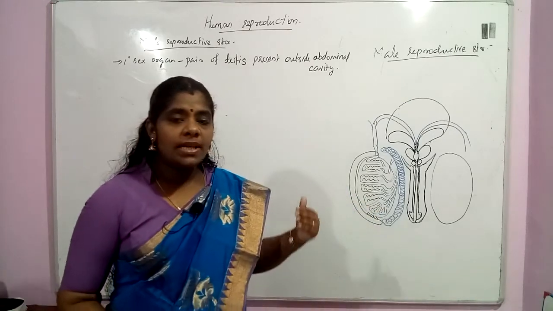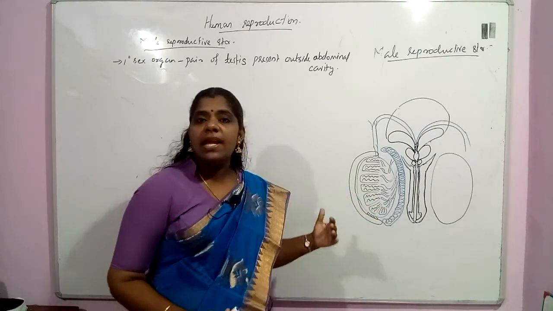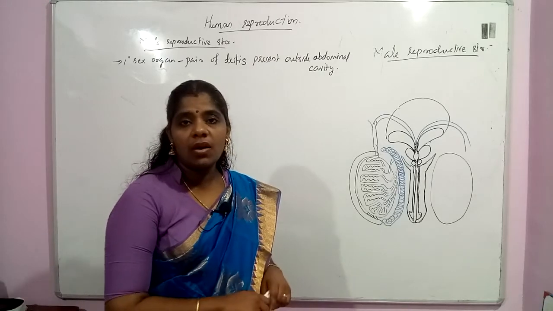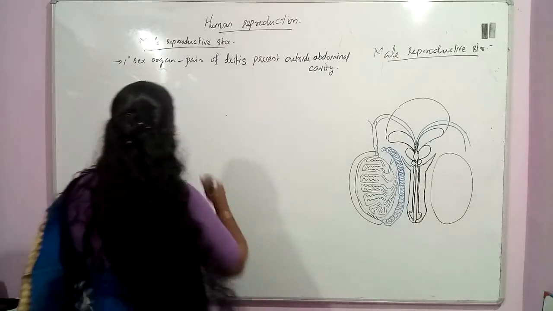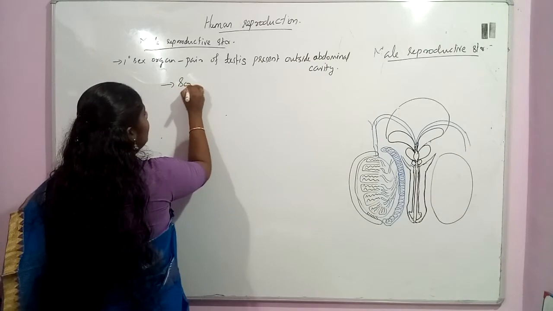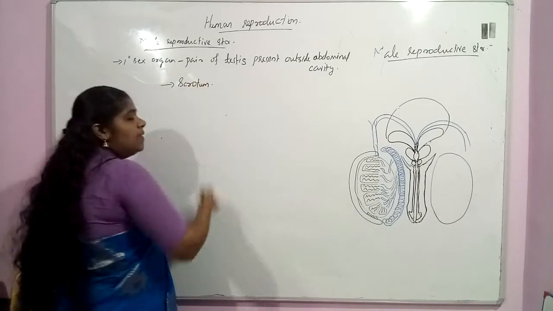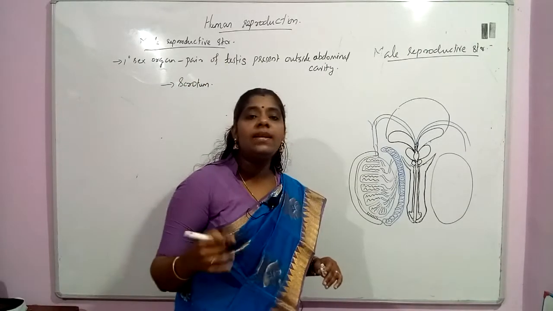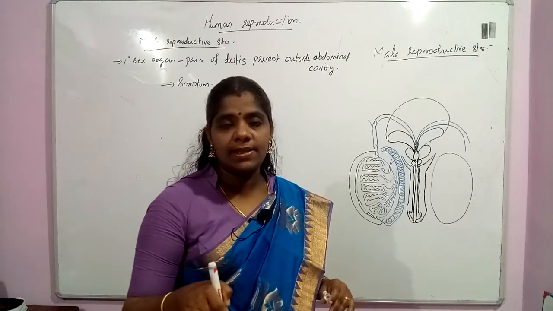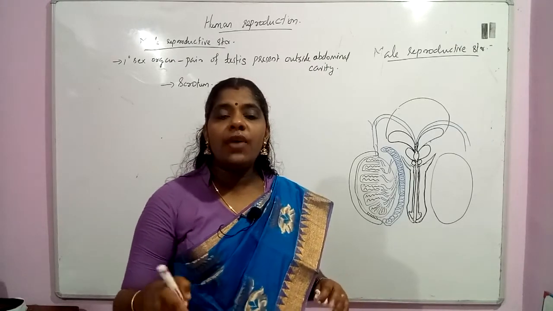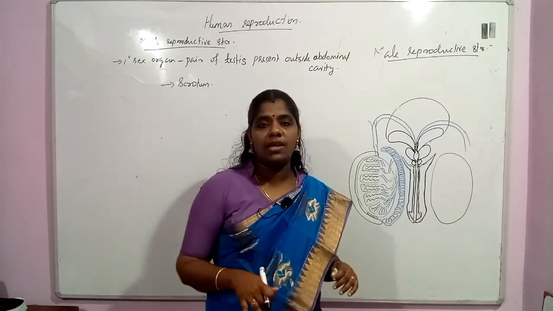Testis is present outside the abdominal cavity inside a sac-like structure called the scrotum. This will help in maintaining the temperature inside the testis 2 to 2.5 degrees Celsius below the body temperature.